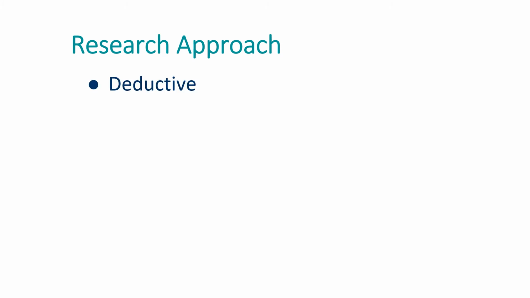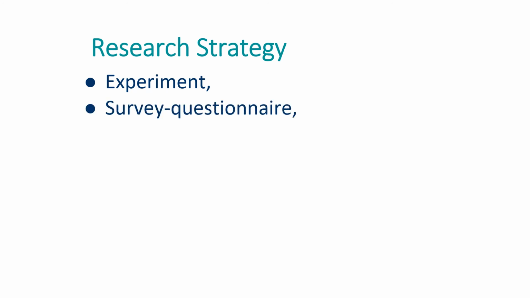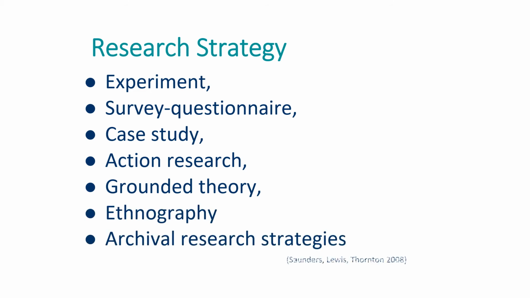Research approach, as we looked at before and talked about in the first week, can be deductive, more top down, more statistical or quantitative based, or it can be more inductive, which is more bottom up, geared towards qualitative research. We also need to look at the research strategy: is it going to be experiment, survey questionnaire, case study, action research, grounded theory, ethnography, archival research strategies?